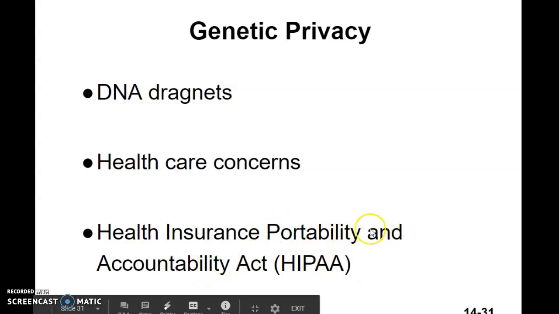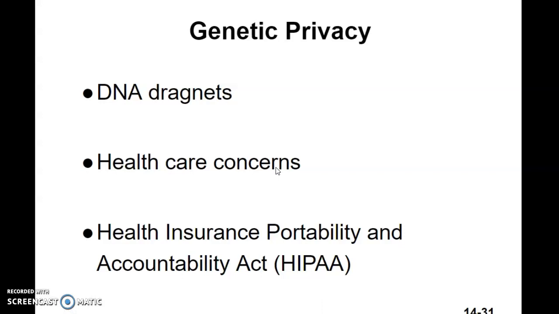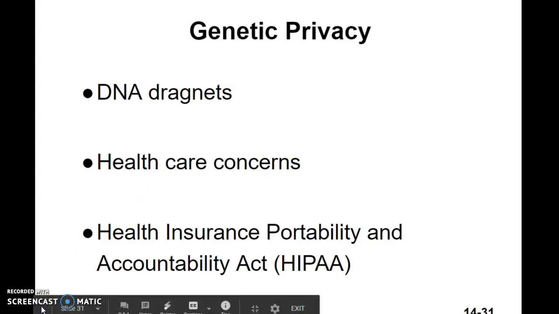When you guys hit 18 and start signing your medical forms, you'll have to sign this HIPAA Act, which means they can't give you information unless you request it. There are also healthcare concerns because insurance companies would love to know if you have certain genetic disorders so they can charge you more. So that's another reason why we need to have privacy.